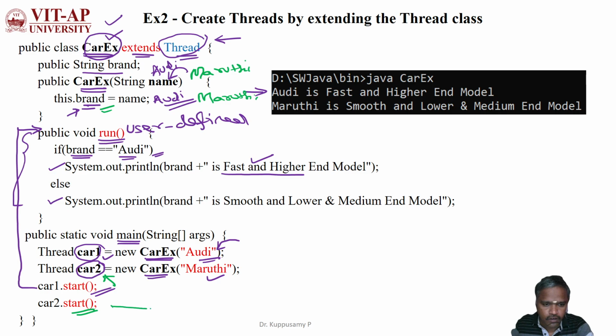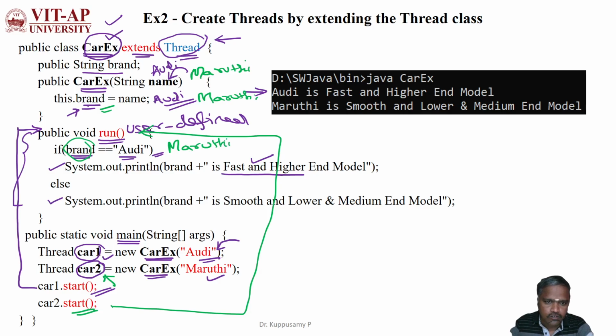Once it is invoked, automatically the user-defined run method will execute. Now the brand name is maruti, so maruti equal to audi is false. Since it is false, the else block will execute. In the else block, the brand name is maruti, so it shows: maruti is smooth and lower end, medium end model. Like this, now we got the output.